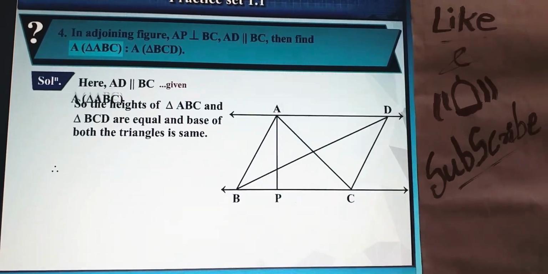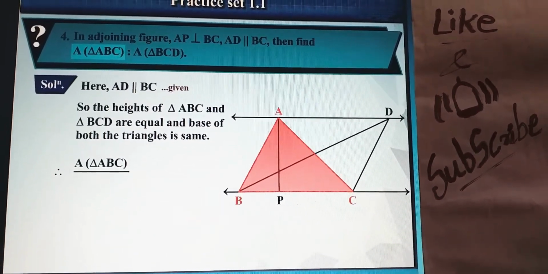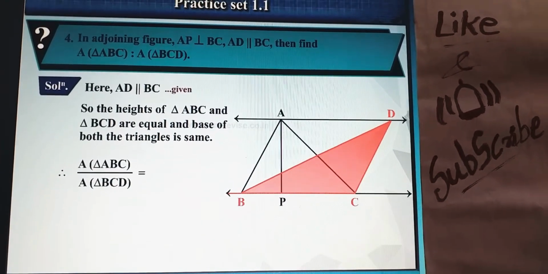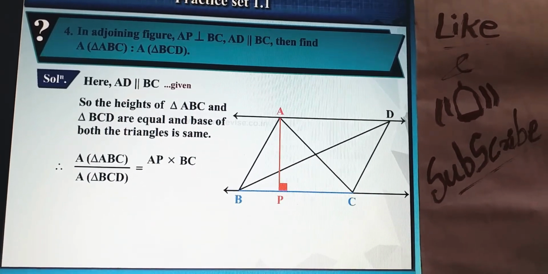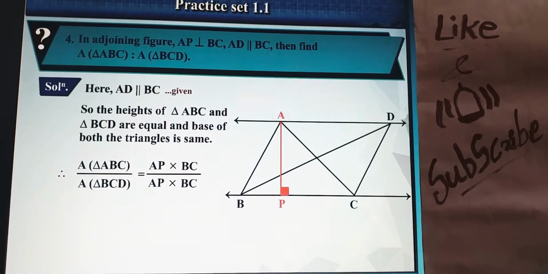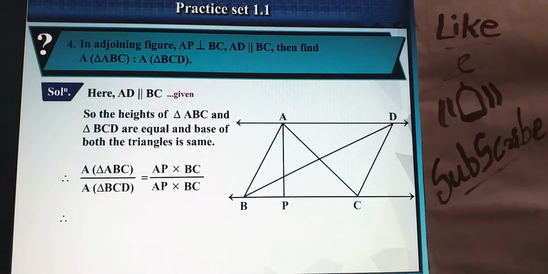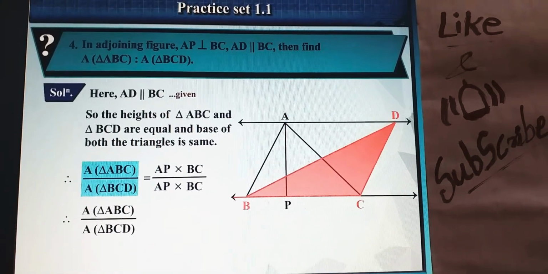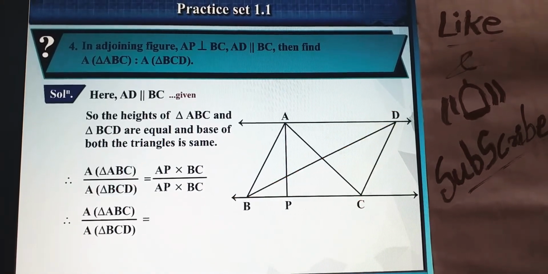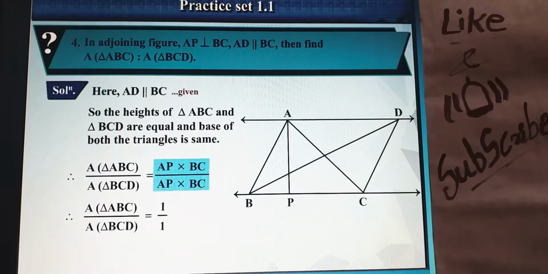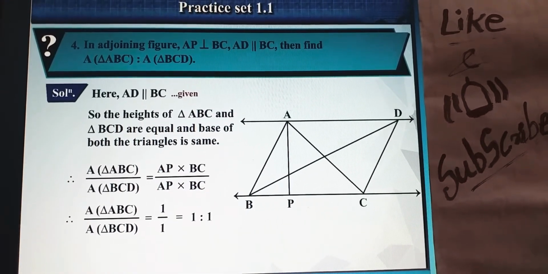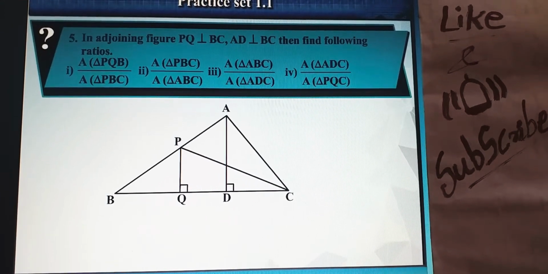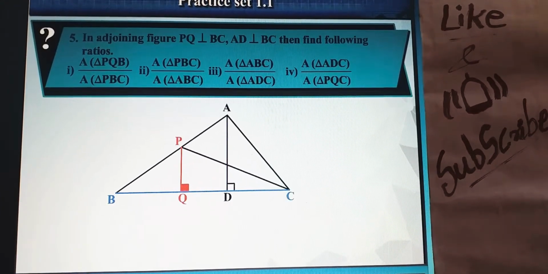Therefore, area of triangle ABC upon area of triangle BCD is equal to AP multiplied by BC upon AP multiplied by BC. Therefore, area of triangle ABC upon area of triangle BCD is equal to 1 upon 1, which is equal to 1:1.